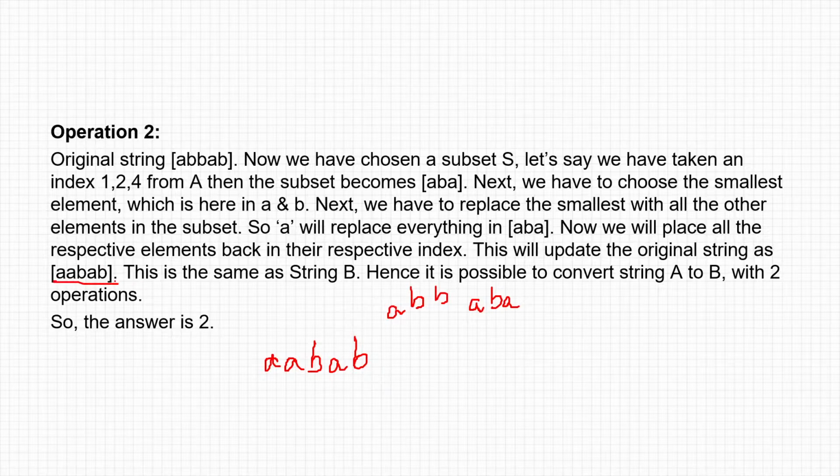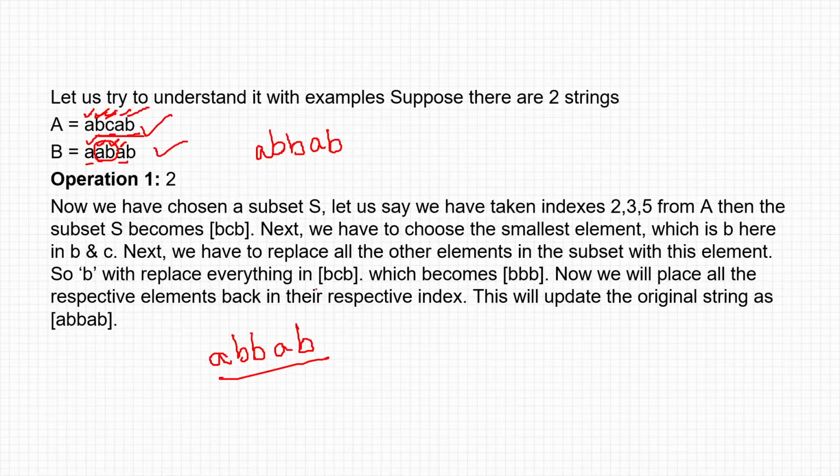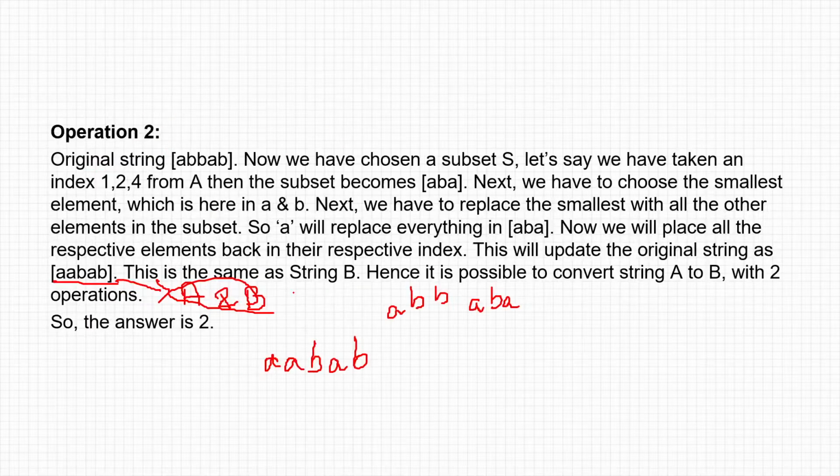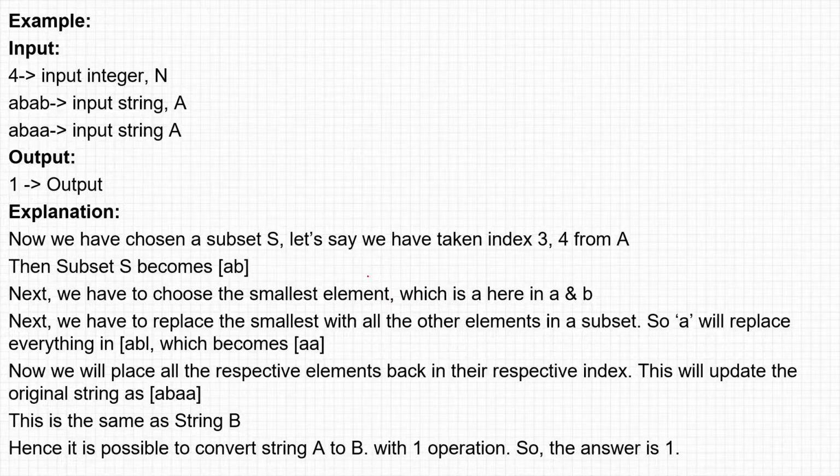Now this is similar to the string B. So the minimum conversions we can do is operation 1 and operation 2. Only two operations we had to perform in order to get the original string as B, since conversion from any string to any other is possible.